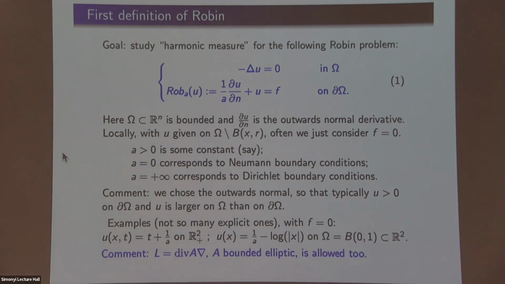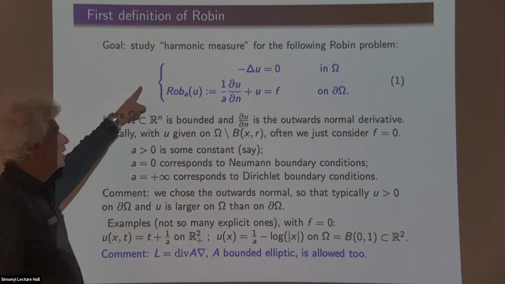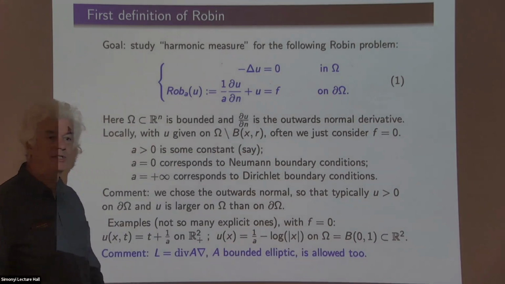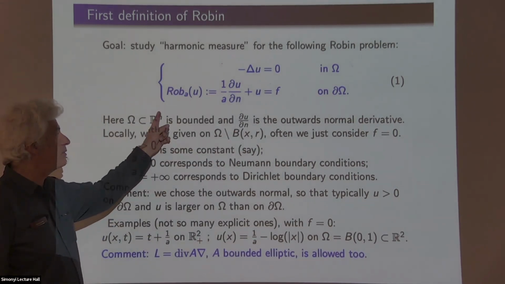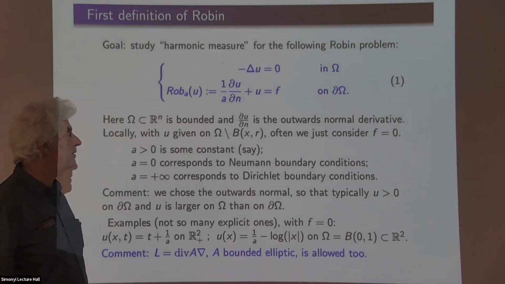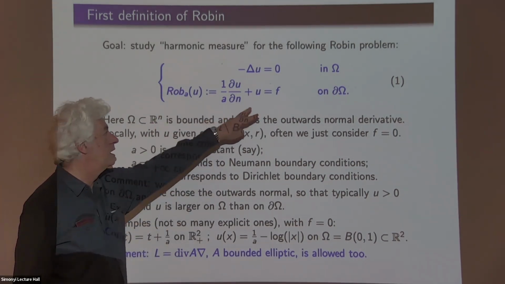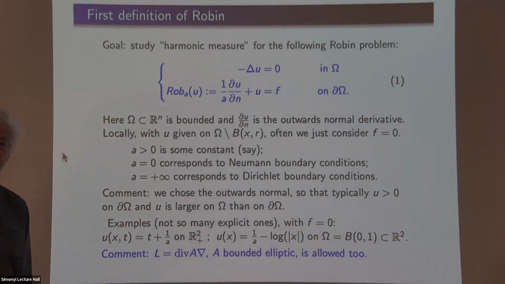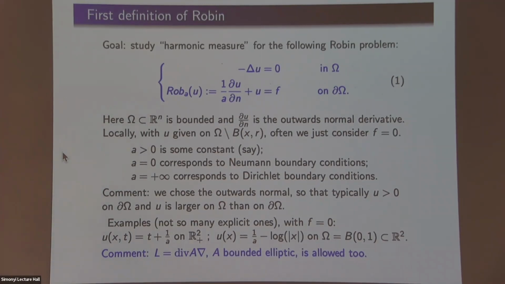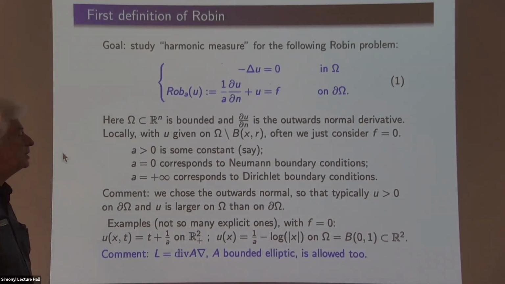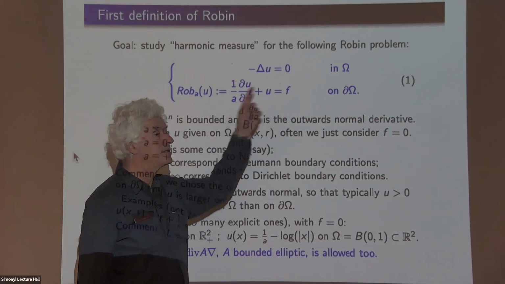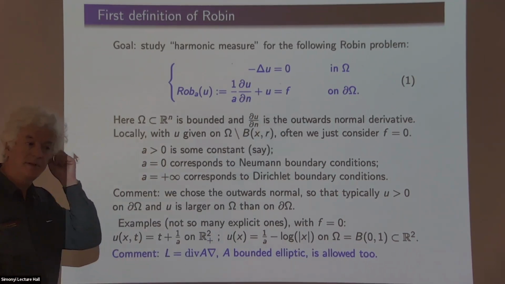Okay. So this is my problem. Laplacian equal to 0, so the function is harmonic in the domain. And at the boundary, it satisfies this strange equation where it's a mixture of the normal derivative and the function itself, which is supposed to either vanish, in most of our cases, or be a given function f. Okay?